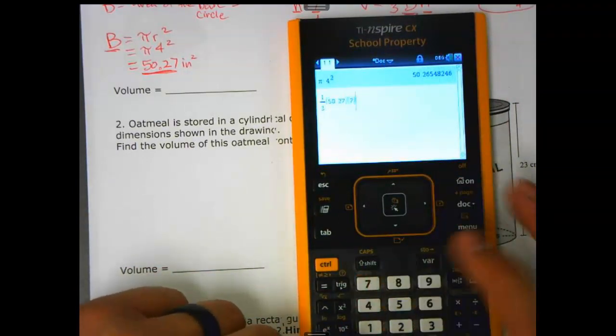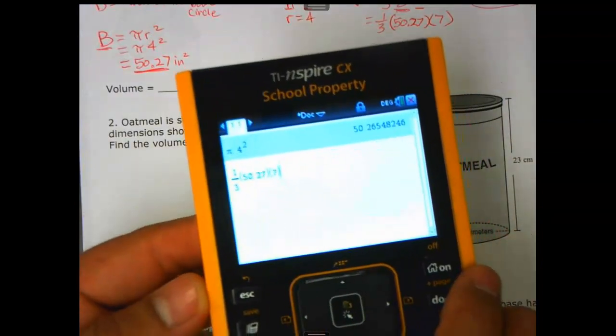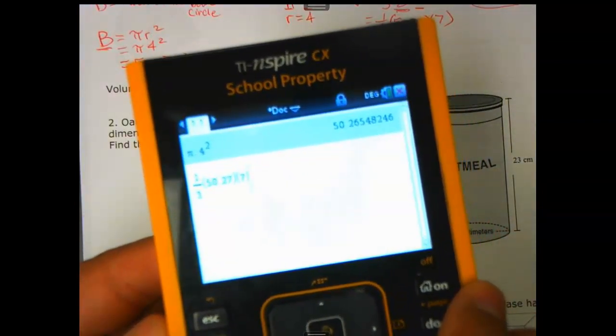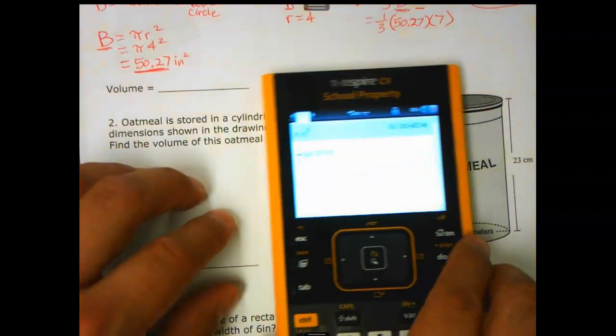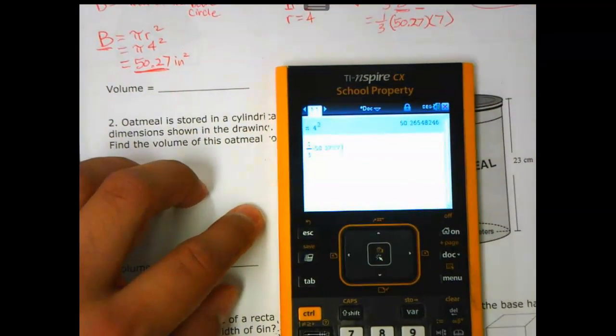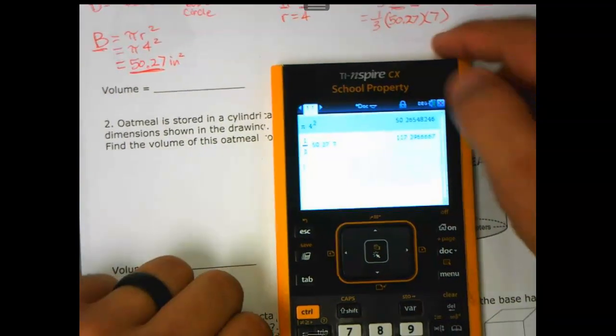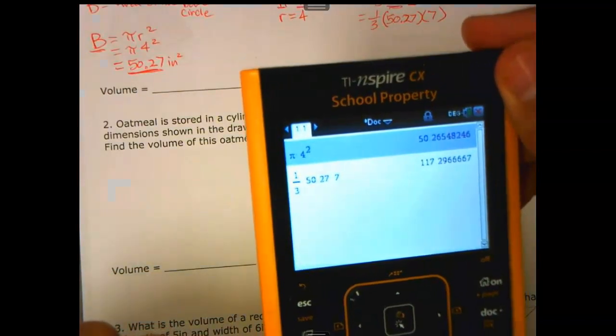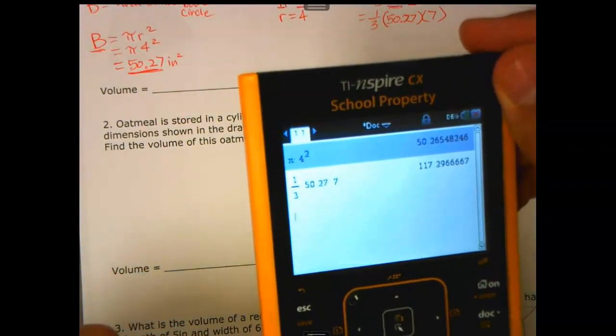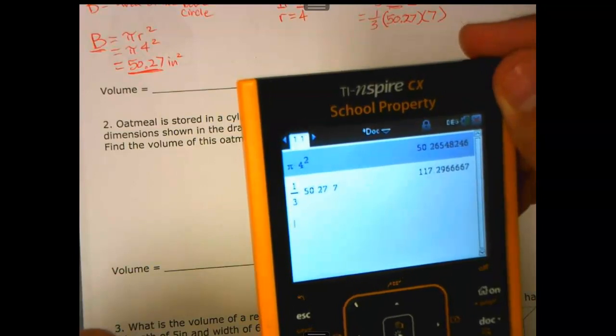Notice how I'm using the parentheses: 1/3, 50.27, and then 7. Then I'm going to hit enter. Kind of hard to see, but you get 117.296 repeating, which is going to round up to 117.3.